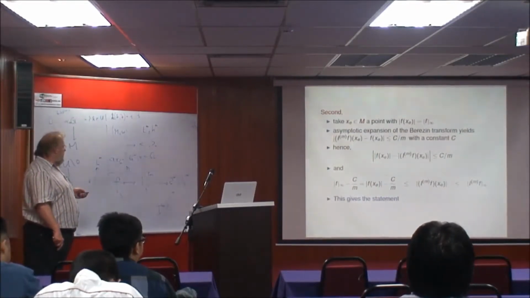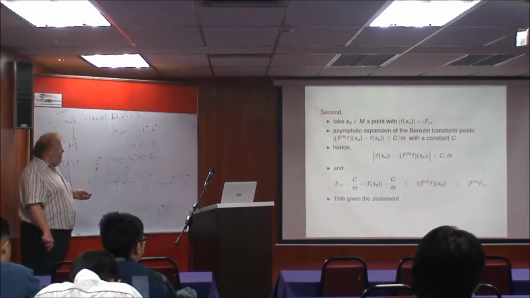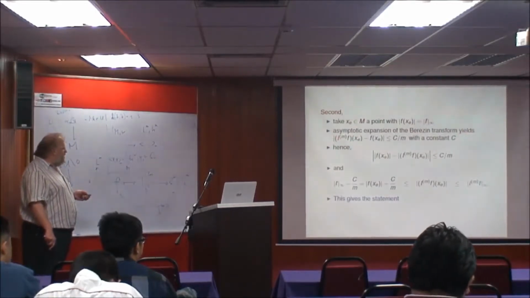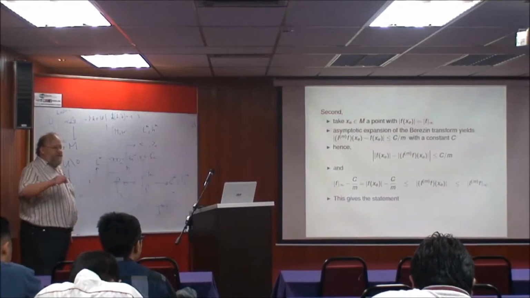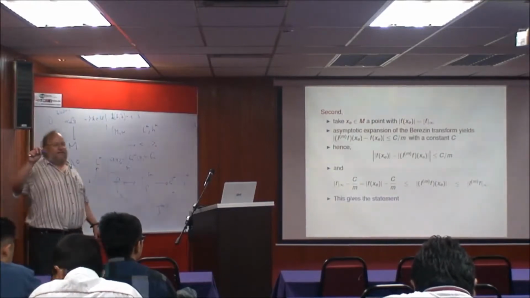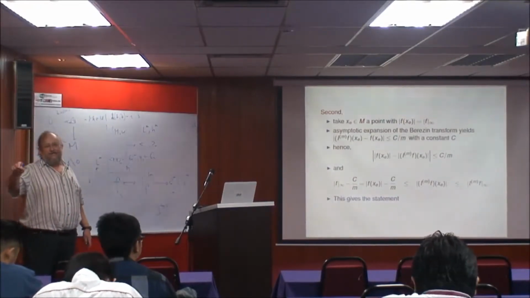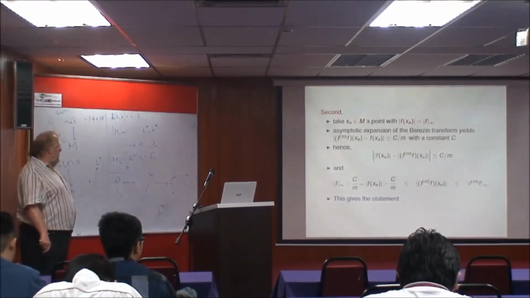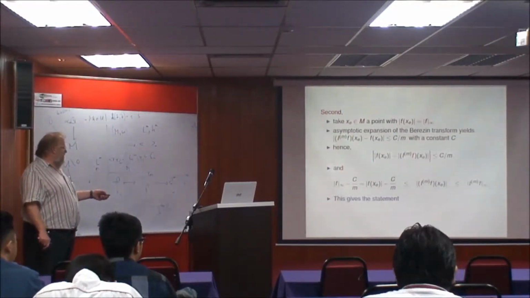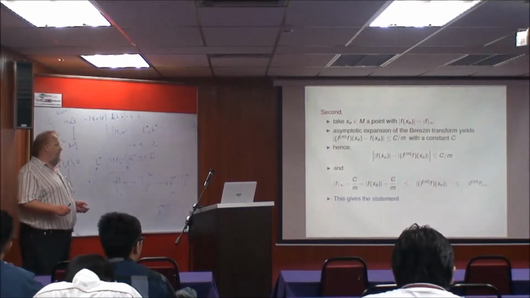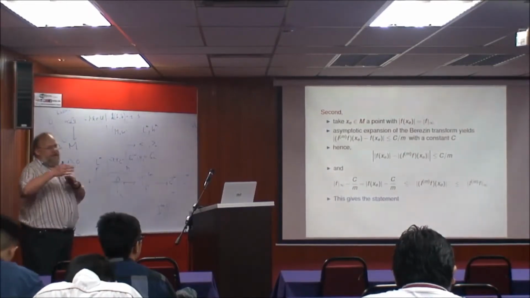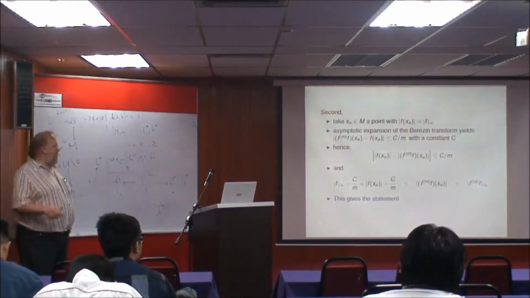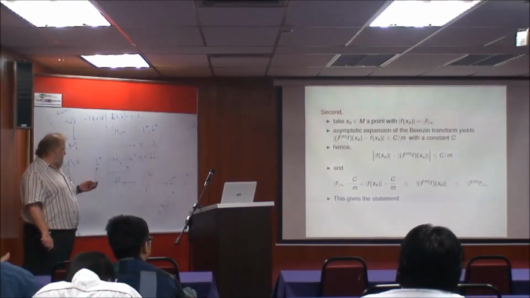And now we take the asymptotic expansion of the Berezin transform with respect to this point x_0. You see, in the formulation, with respect to a point on the manifold, we have such an asymptotic expansion here. Where I have to say this I_m does not depend on the point. It's only that this approximation depends; how fast it approximates will depend on the point.